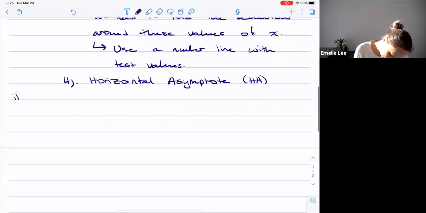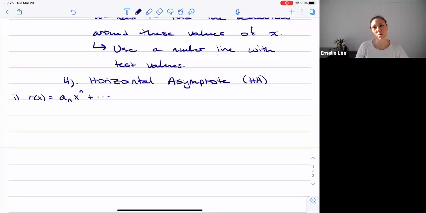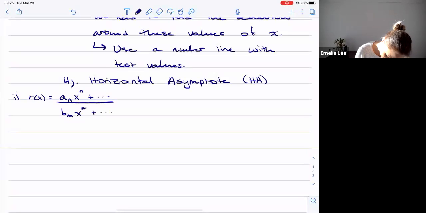R of x is equal to a subscript n, x to the power of n, plus and so on, over b subscript m, x to the power of m plus and so on. We're only concerned with our leading terms. The degree of the numerator is n, and the degree of the denominator is m.